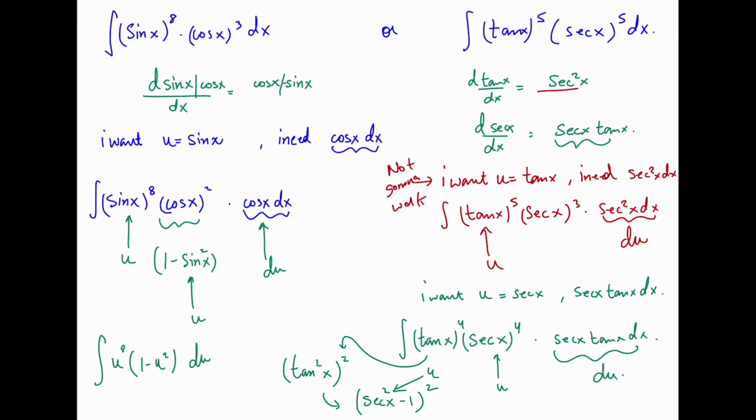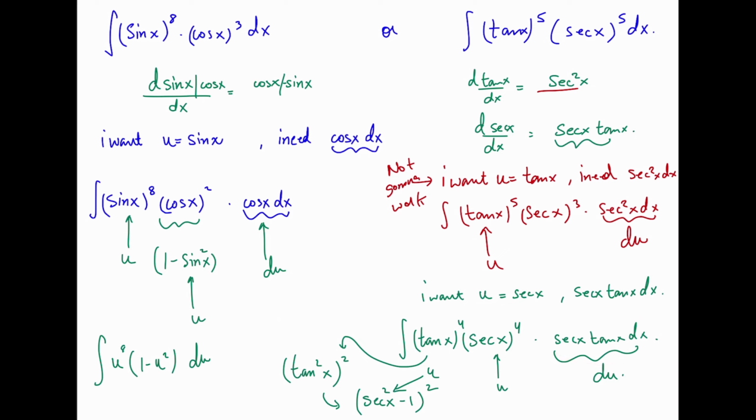The other option is to substitute secant as u. If you want to substitute secant as u, then if you remember, the derivative of secant is secant x tan x. You need to have a secant x tan x dx to help you facilitate that substitution. So what you're going to do is strip off one tan, one secant, combine with the dx to make that facilitator.